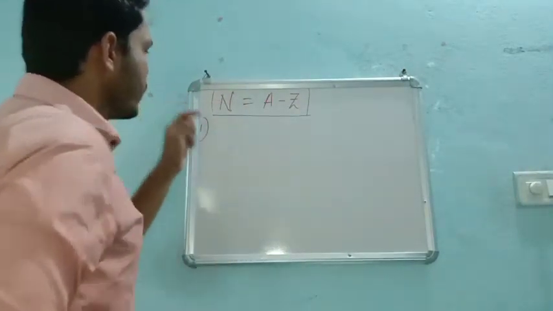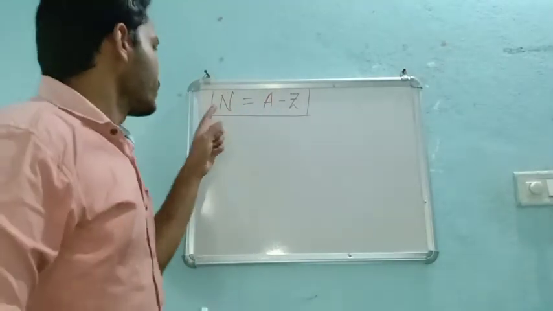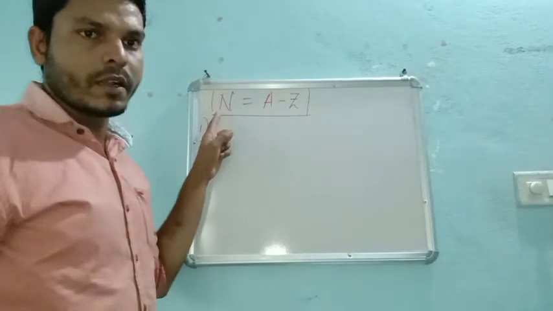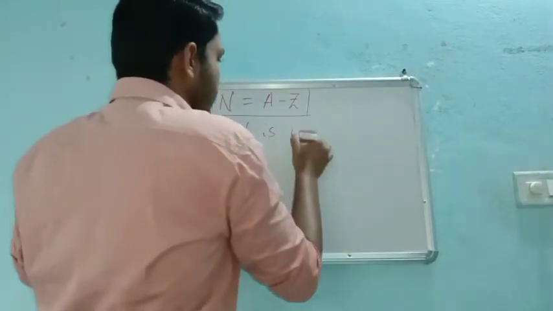Number one, here I will elaborate this formula. So here N is nothing but the number of neutrons, right?